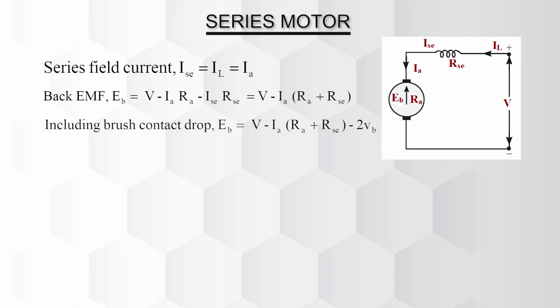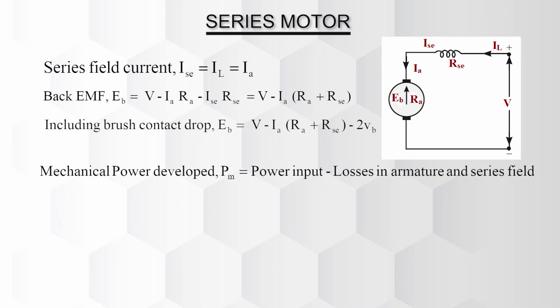Now we are interested in finding the mechanical power developed in the armature. It can be written as mechanical power developed PM is equal to power input minus losses in armature and series field.